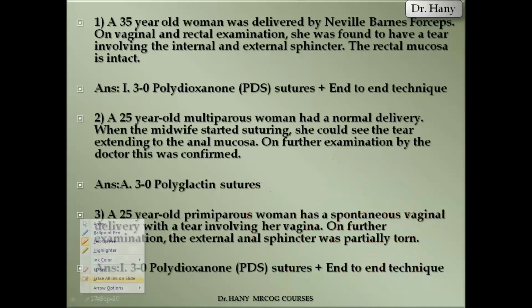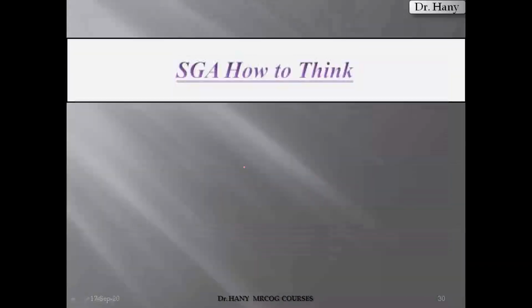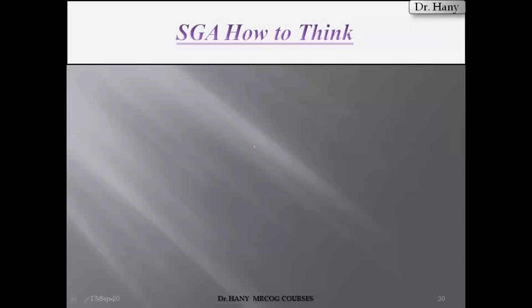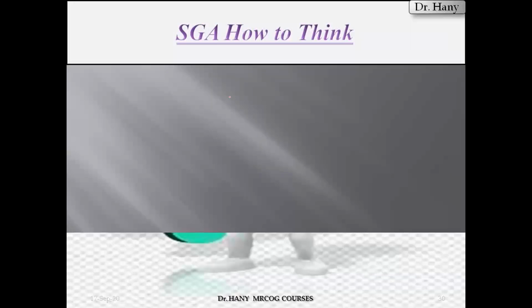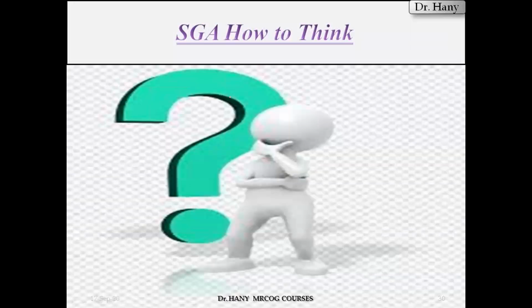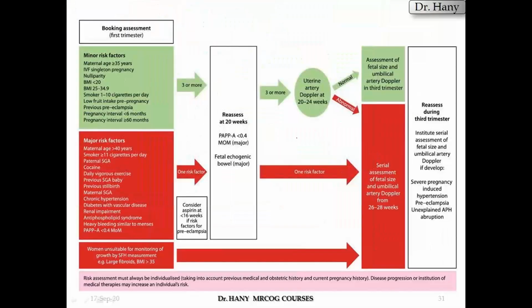Now I will move to a very important topic for the exam: small for gestational age. How to think, how to answer, how to choose in the exam. I have a screening chart on how to screen for small for gestational age.